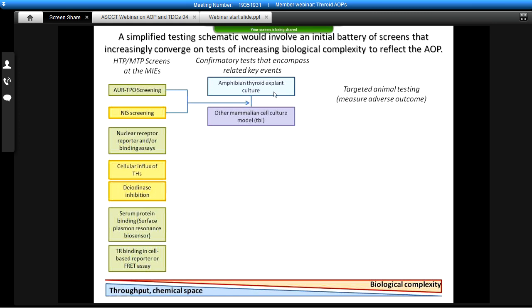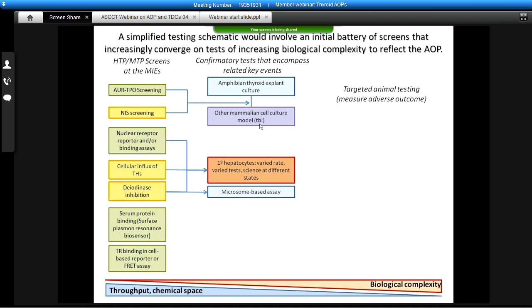This could be an amphibian thyroid explant culture, which would require TPO and NIS functioning in order to visualize production of T4 in the explant. It could also include a mammalian cell culture model, which I have here in this purple box. And TBI is my shorthand for to be invented, which is something I'm interested in working on.